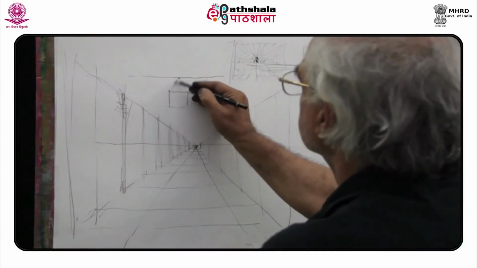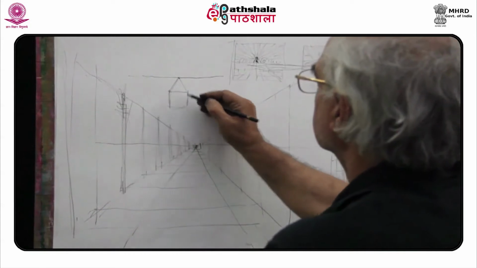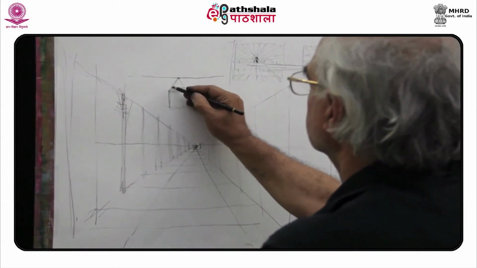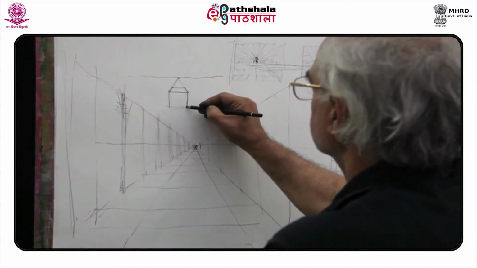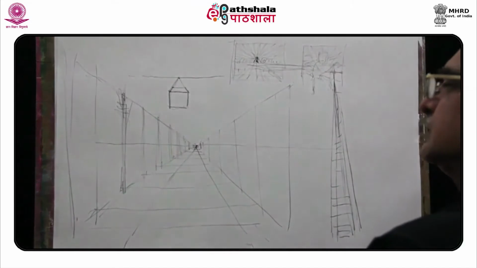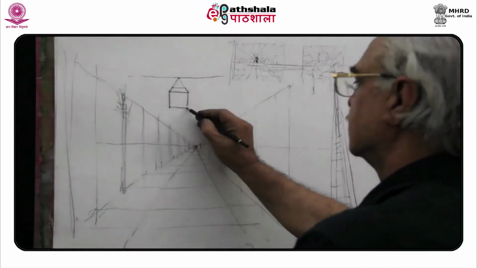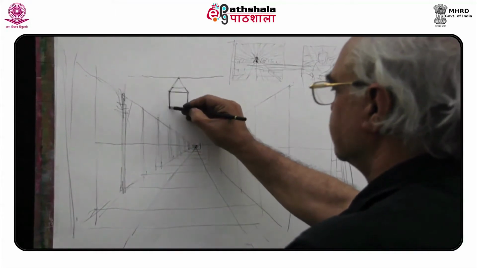Let both edges meet the vanishing point on the horizon. Draw one more line to turn the square into a cube. Keep on making lines in the triangle and many boxes will be made next to each other.